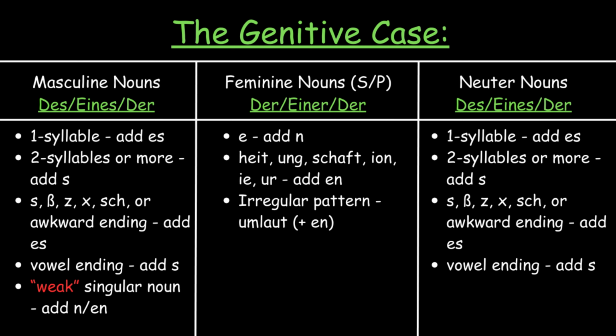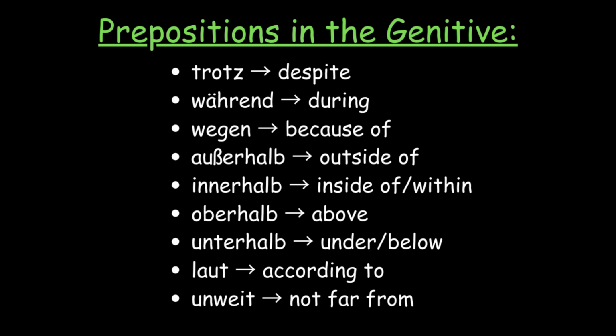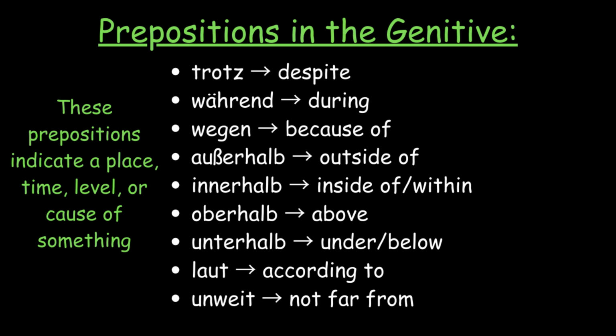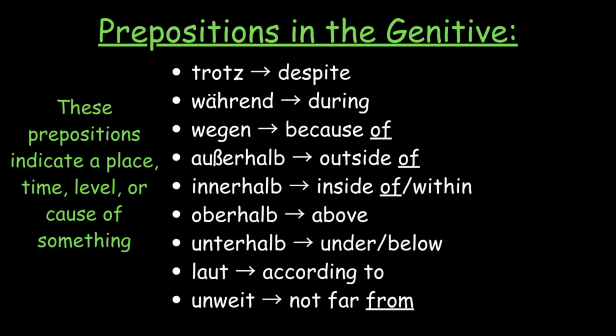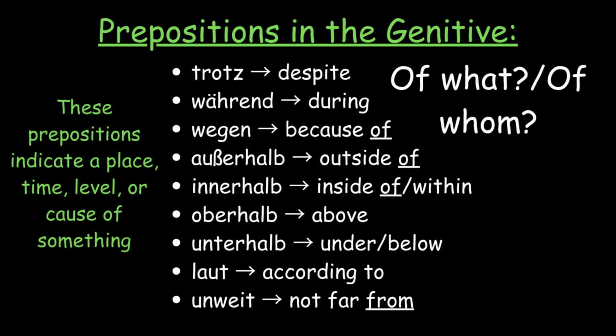Moreover, the case has additional functions when it comes to other grammatical concepts, like prepositions that work in the case. Notice that some of these indicate a place, time, level, or cause of something following words like of and from. This explains why asking of what or of whom works in the genitive.